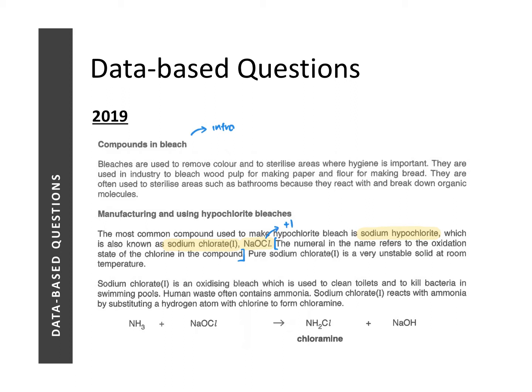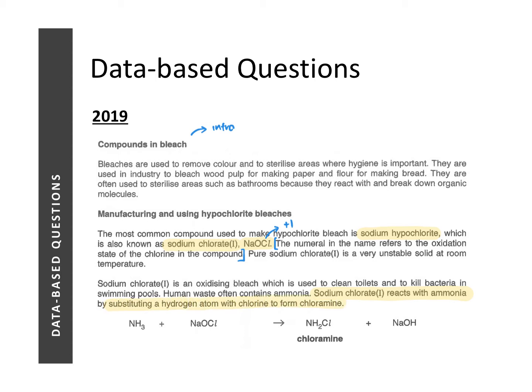Okay, next paragraph, you see an equation over there. What does the equation represent? It represents the reaction of sodium chlorate with ammonia. And there's a very important concept or pattern that we will see later, where they tell you how the reaction takes place.